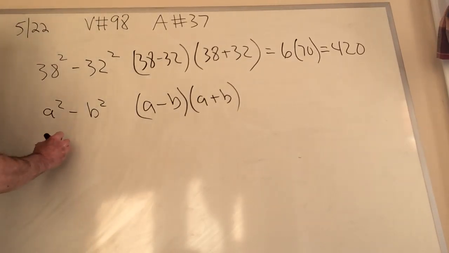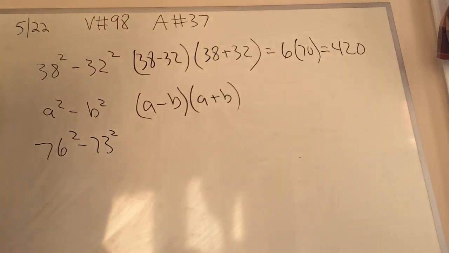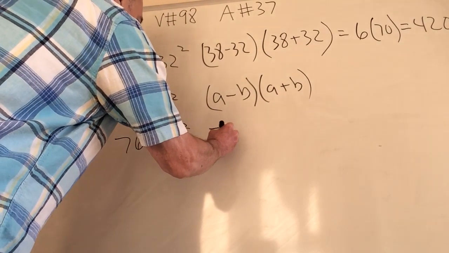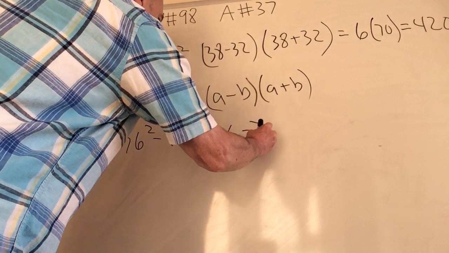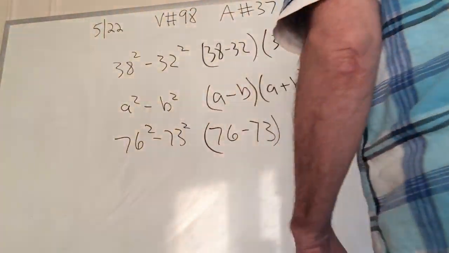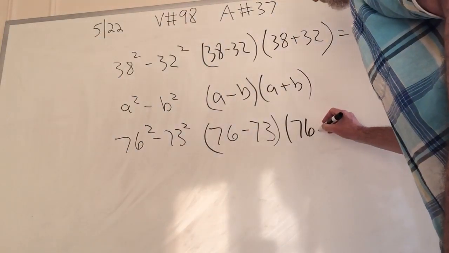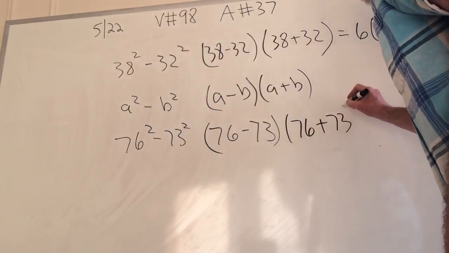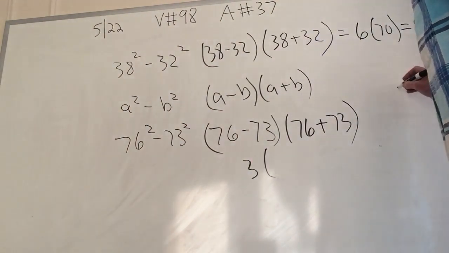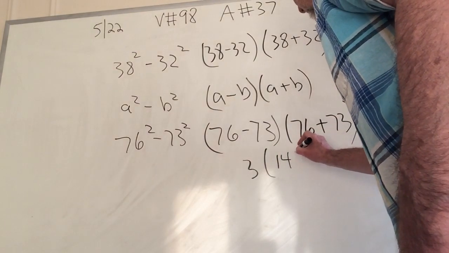So that's why when I do the second one, 76 minus 73 squared, it looks like such an imposing problem when you first see it. But it's really just nothing when we write it out. This is what we really want. I get 3. I guess it would be more work, but completely doable. And I don't know what this is, 14 plus 9, so this would be 149.